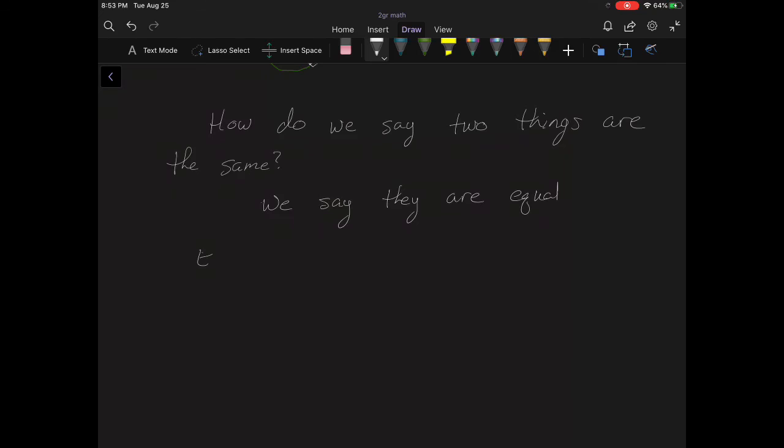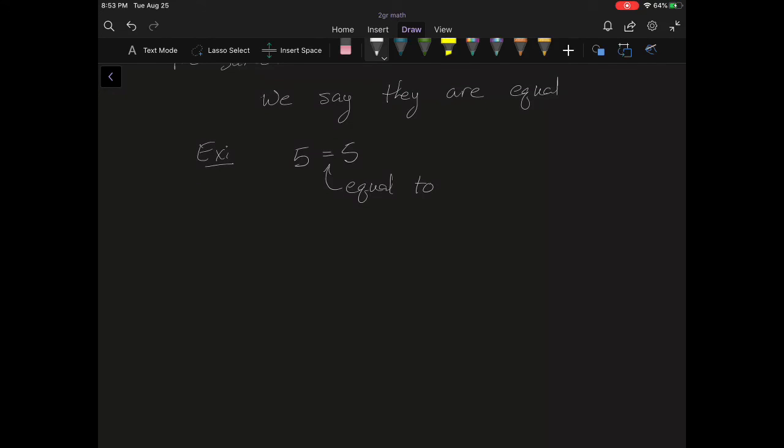Okay. So for example, 5 is equal to 5, and this means equal to. So far we have 3 things that are new. We have less than, we have greater than, and we have equal to. So this is less than, greater than, and equal to.